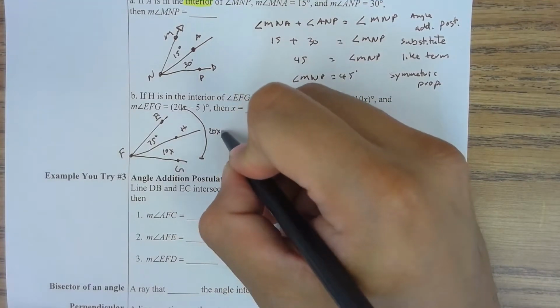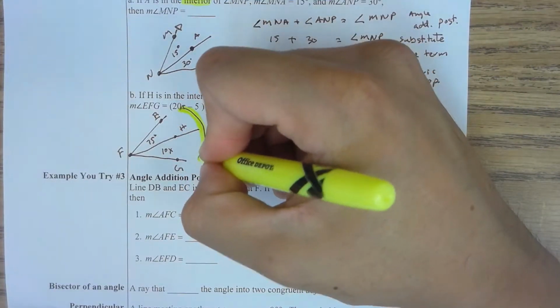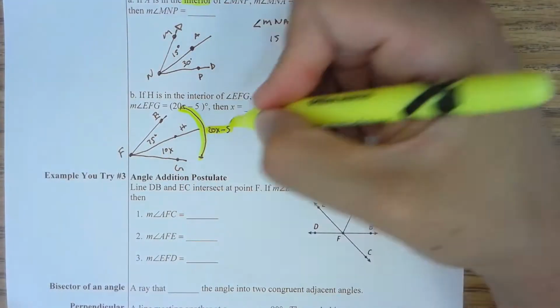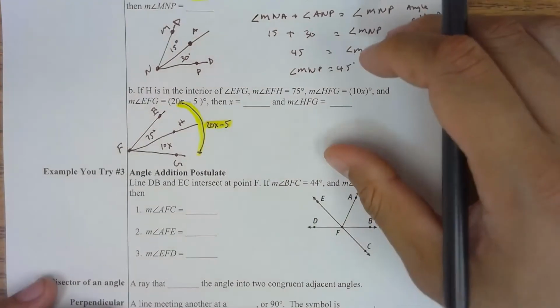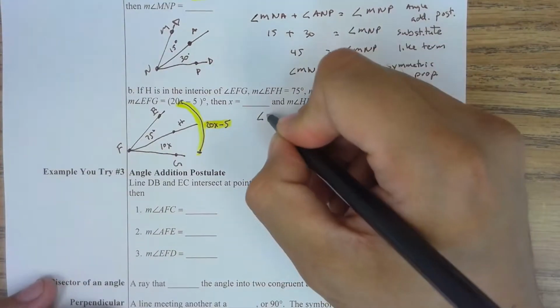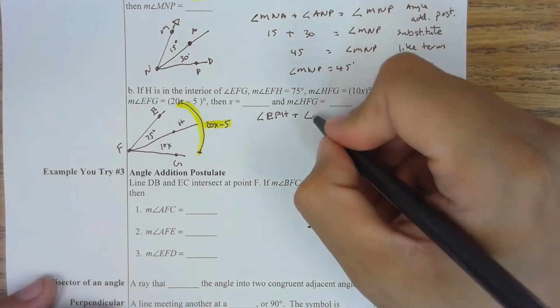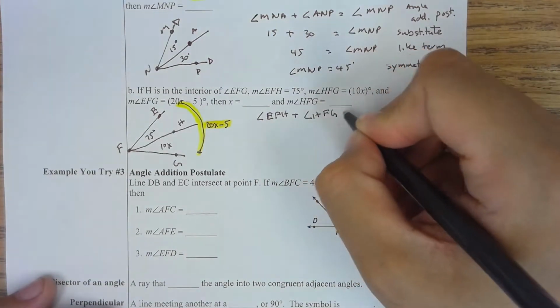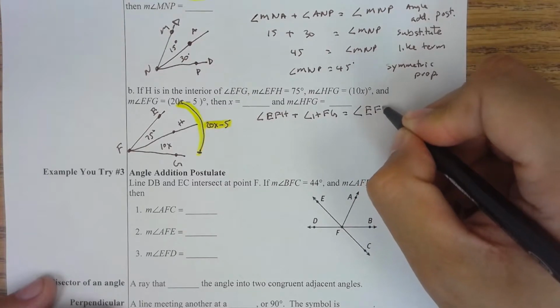Let me go ahead and highlight that. This whole thing here is 20x minus 5. But since we're talking about angles here, we know that angle EFH plus angle HFG is equal to the whole big piece, EFG.